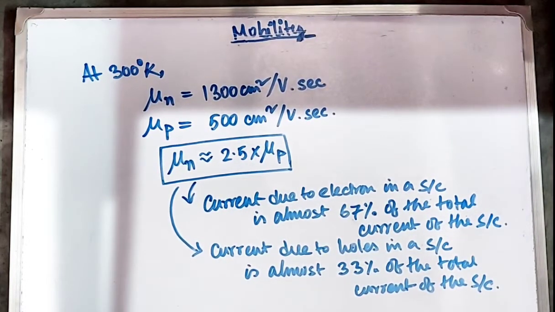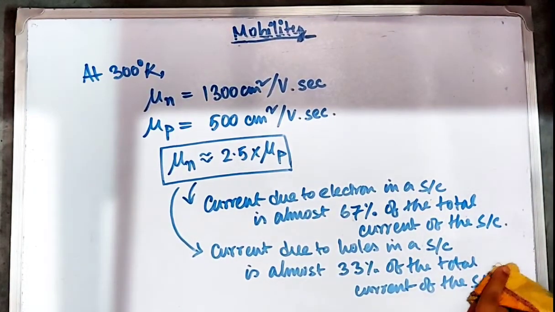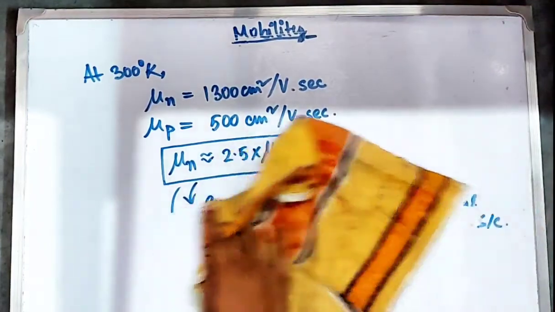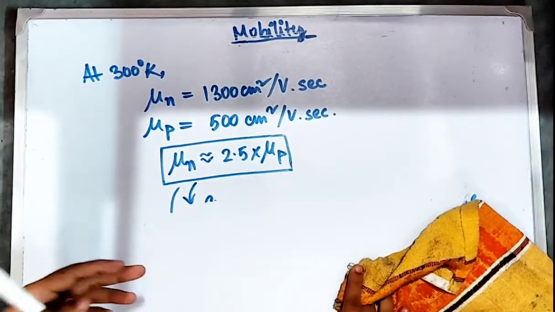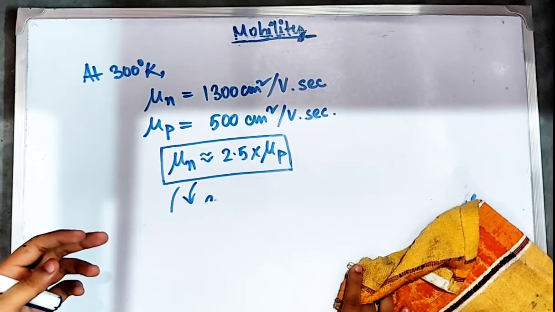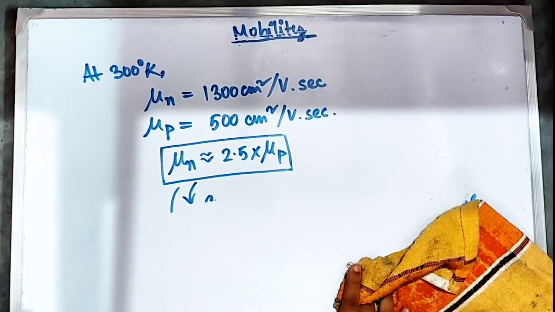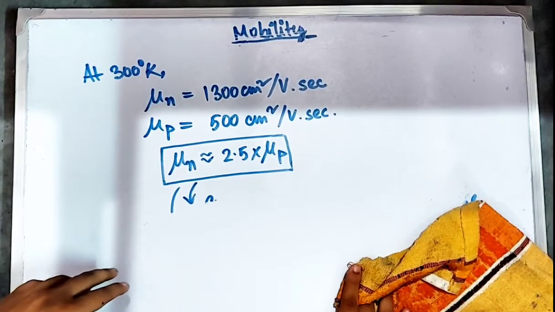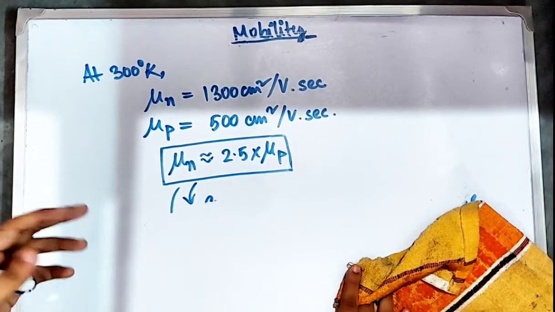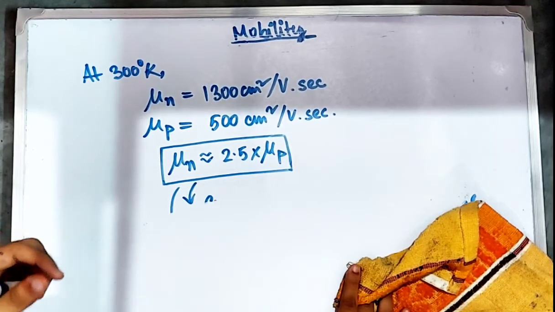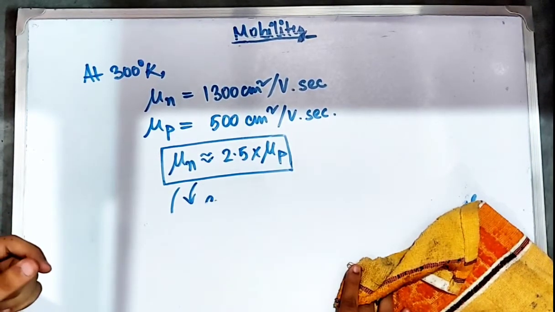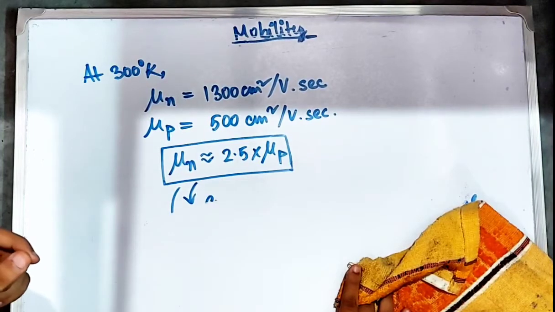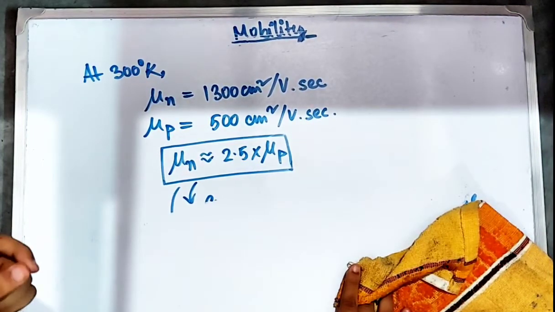So if we talk about the temperature dependency, if we increase the temperature of a silicon crystal, then at first the mobility will get increased, because we are giving some energy, so electrons will get pushed. The more energy we give, the more covalent bonds will get broken down, and the more electrons will get generated. So the mobility itself will increase.